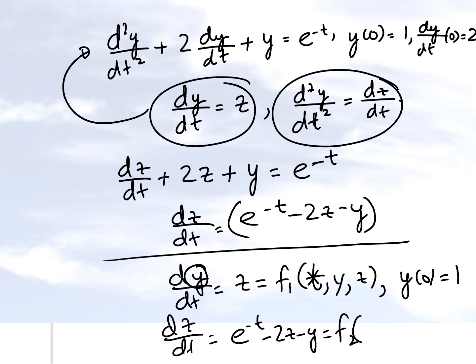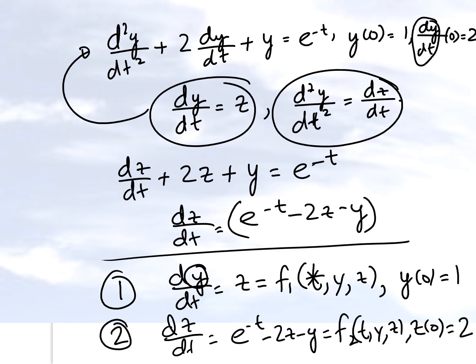It will be another function, let's call it f2 of t, y, and z, and z sub 0 will be equal to 2, because what is z? z is dy by dt, so z of 0 is equal to 2. So we have a first order ordinary differential equation, and a second first order ordinary differential equation, and we'll be solving these simultaneously in order to find our y at 0.5, which is part A of the problem.